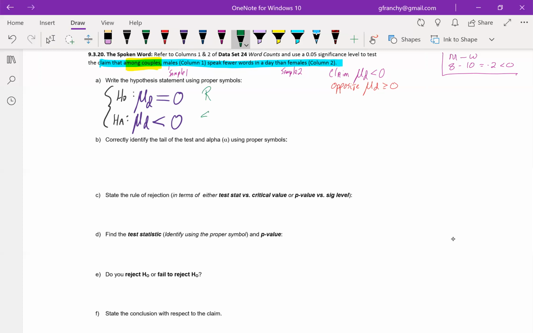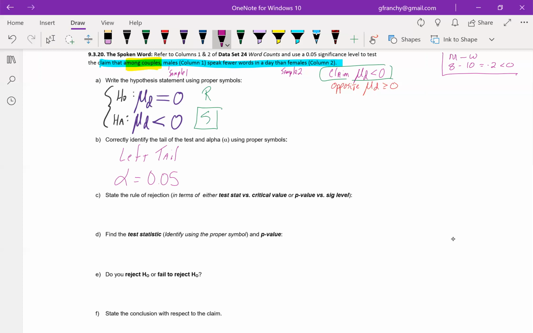Now when we do the R and S for the claim, that is represented by the alternate, so we'll note the S there. So take a look at this. This is a left tail test.